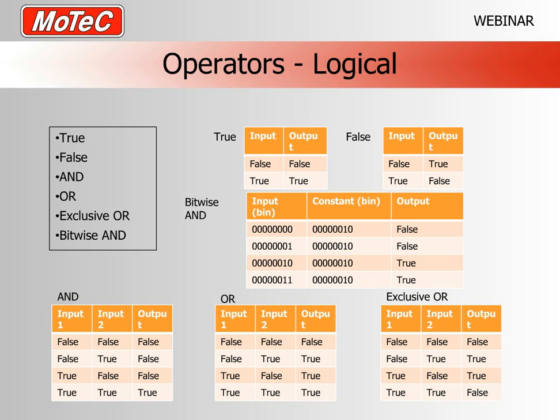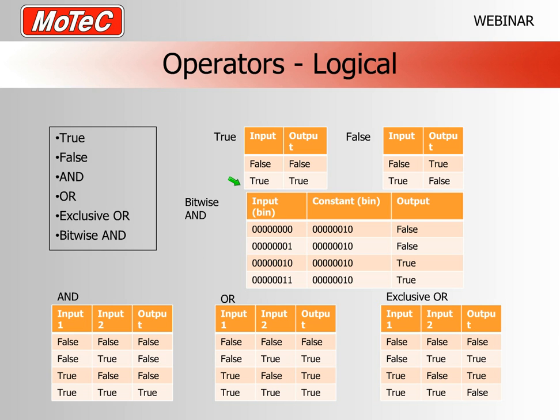Okay, so the most useful one we have are logic operators. And if you just look at these tables, it looks a little bit baffling, but it's not actually that bad. The simplest ones are things like true and false. Now, again, as we said, we have an input and an output to each of these operators. So if we look at this true-false one first, it's quite simple. When you have a false input, you get a false output. And when you have a true input, you get a true output.